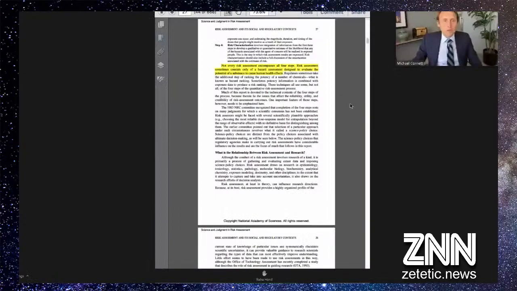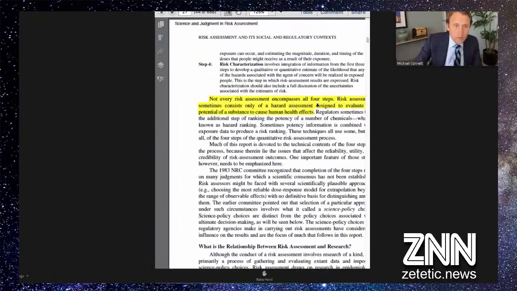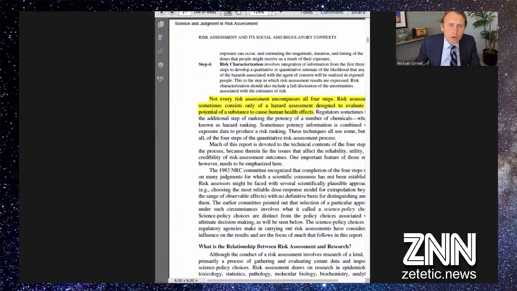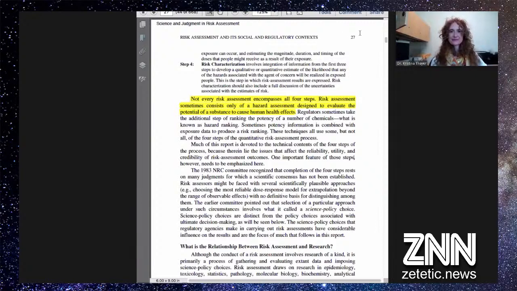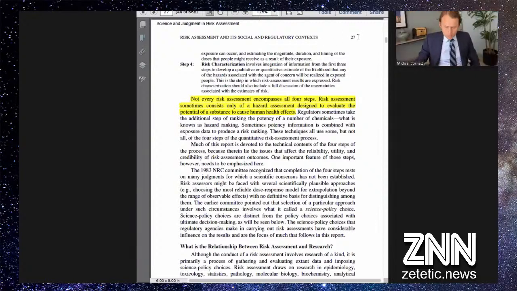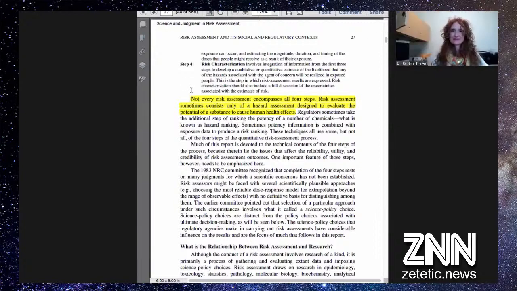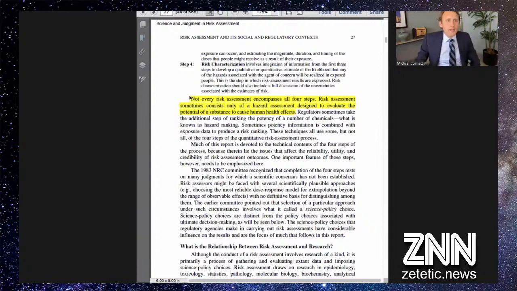I will accept it. Well, Your Honor, permission to refresh the witness's recollection. All right. And Dr. Thayer, can you see the screen here? Yes. This is page 27 of the NRC's 1994 book, sometimes referred to as the Blue Book. And the NRC stated here that not every risk assessment encompasses all 4 steps.